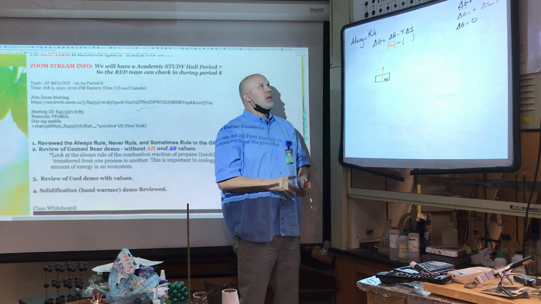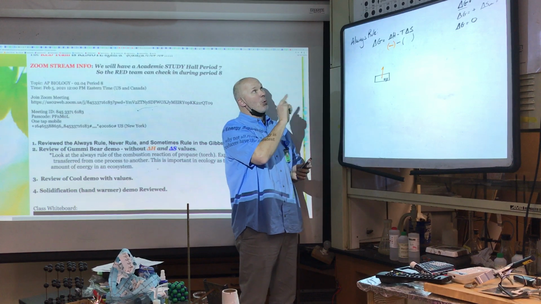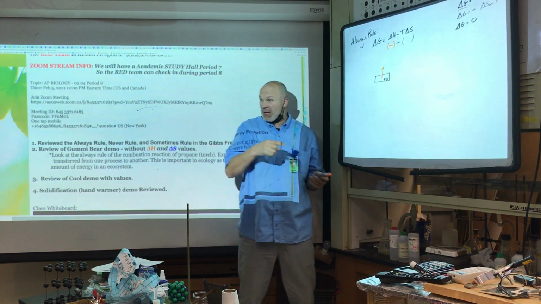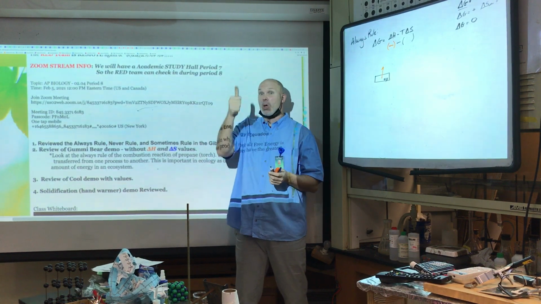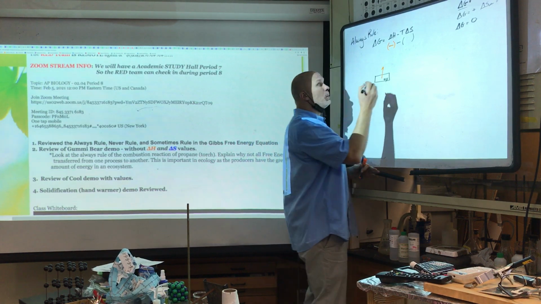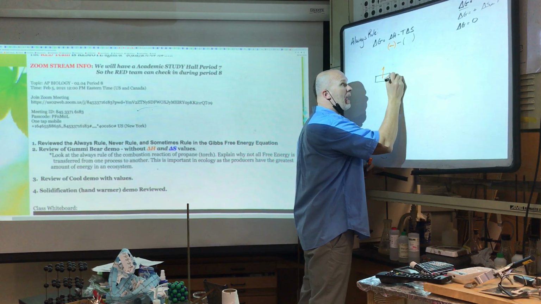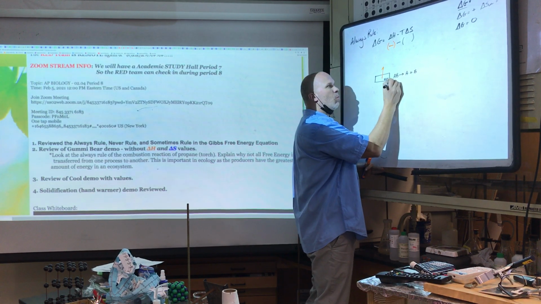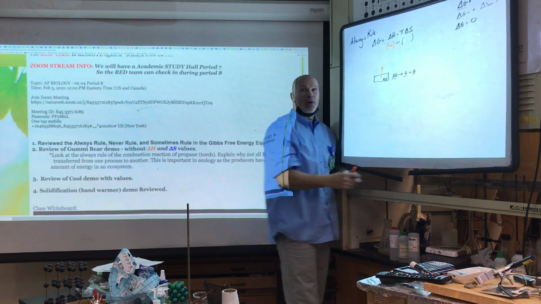Now, in the case of the always rule, I'm releasing heat and my particles inside are going to increase their degrees of freedom. An example would be an AB molecule breaking apart into A and B. Clearly this is one molecule and I broke it apart into two.